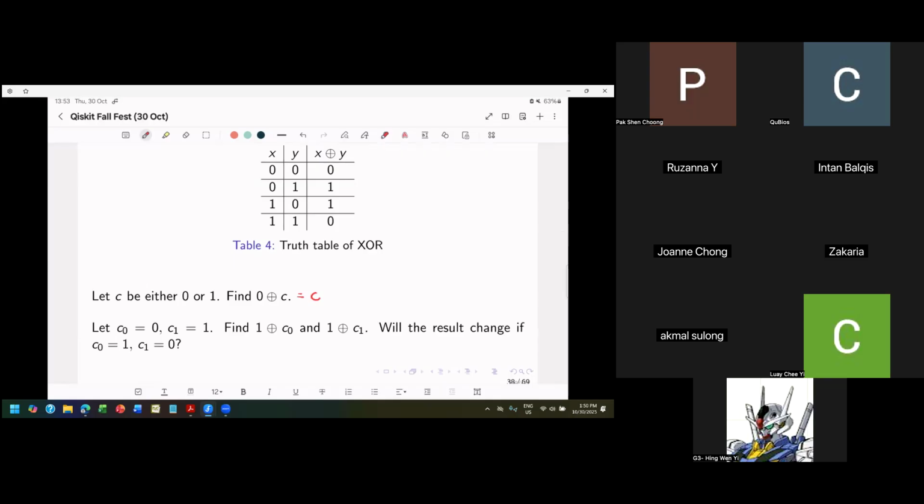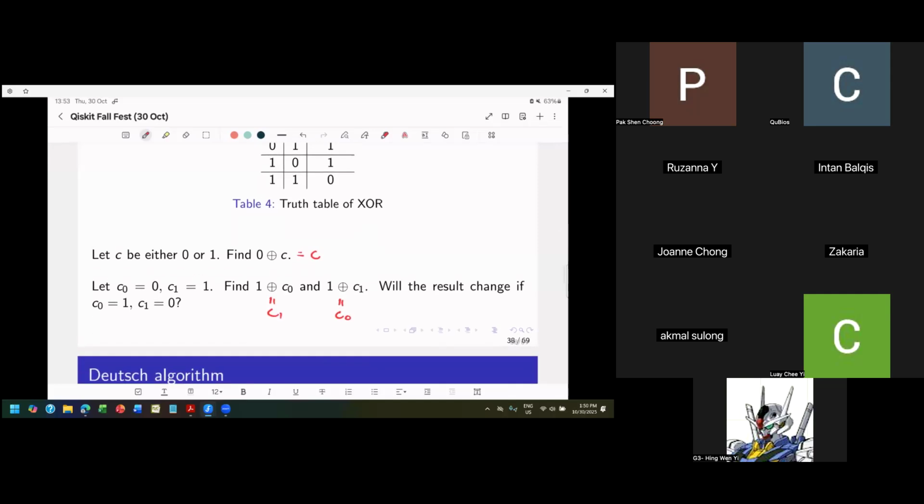Okay, so if let's say C naught is 0, C1 is 1. What is 1 plus C naught? C1. 1 plus C1? C naught.